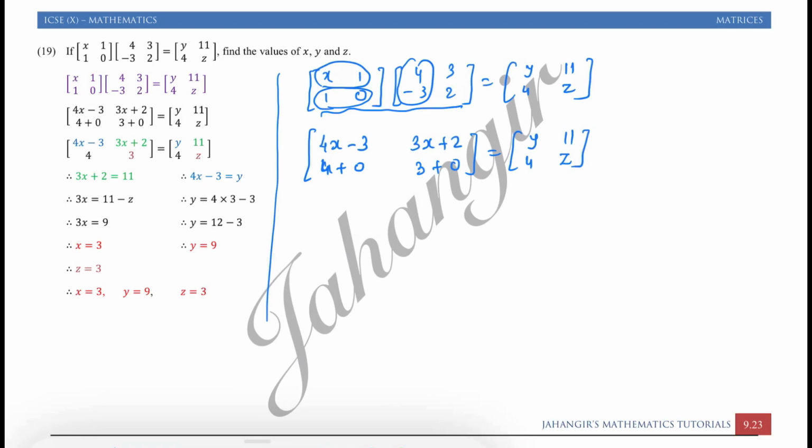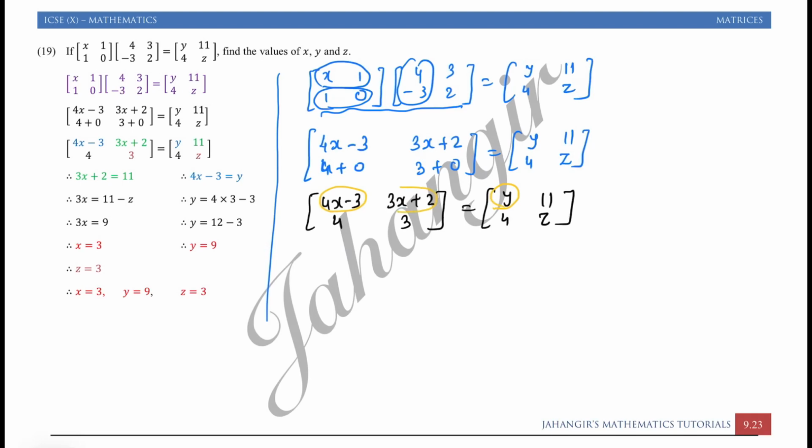So here let me write it properly. [4x minus 3, 4; 3x plus 2, 3] is equal to [y, 4; 11, z]. So now you can easily compare the first term, but here we have x and y, so that we will do later.